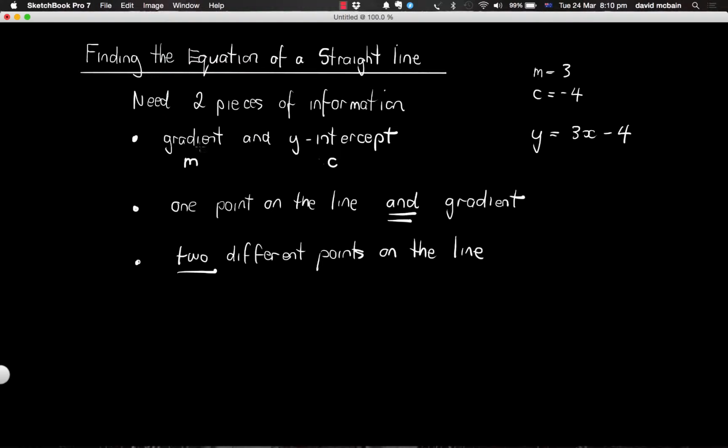So as long as you have two pieces of information, then you have enough information to determine the equation of the straight line. Another version of this might be, you might have one point and the y-intercept.